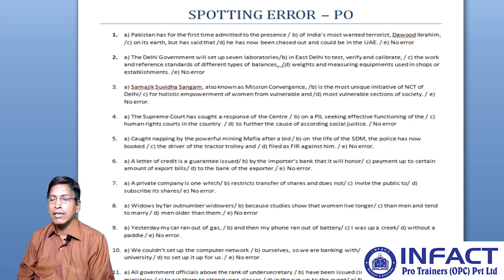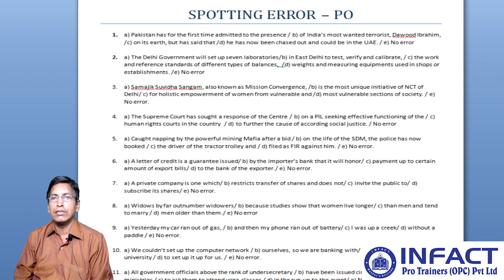So obviously C should be the part where correction is required. Let us take the fourth part, that is D. Weights and measuring equipments used in shops or establishments. There seems to be no error in this statement, as it is trying to connect two things, the weights and measuring equipments used in shops or establishments.